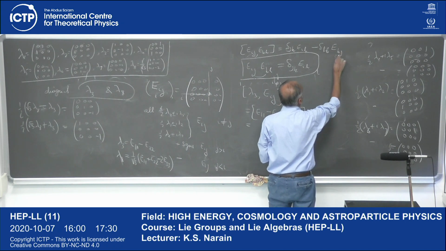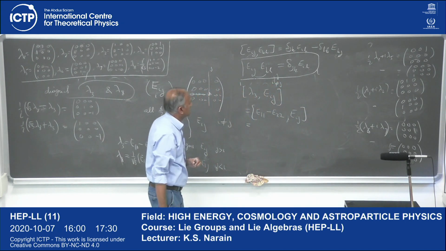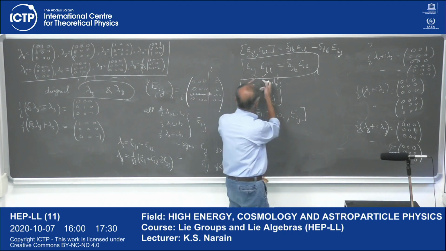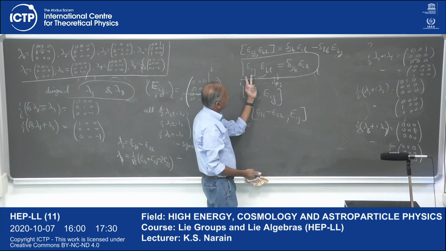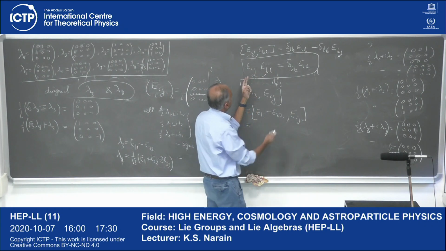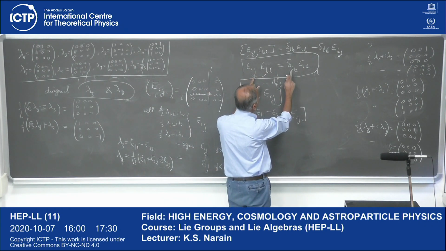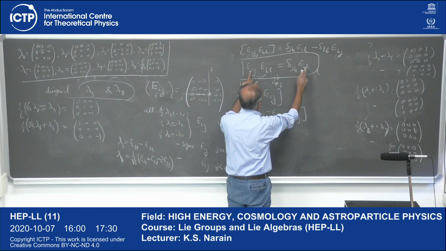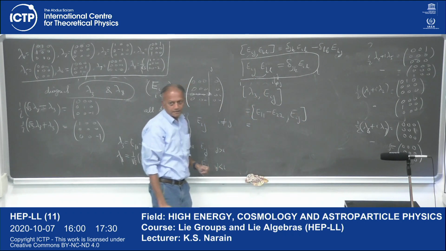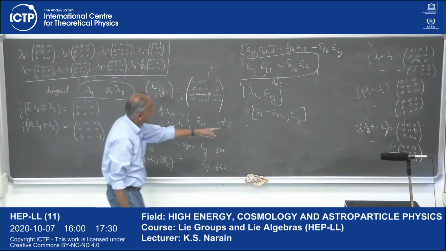Because for the other term, you just exchange the pair Ij with KL. So you exchange J with L, K with I. So this delta JK becomes delta Li, and this becomes that. So now I can directly work out.